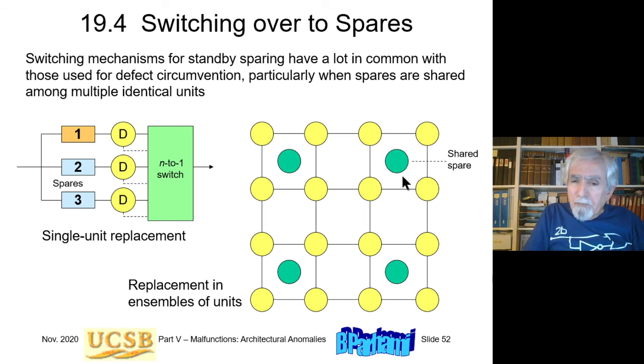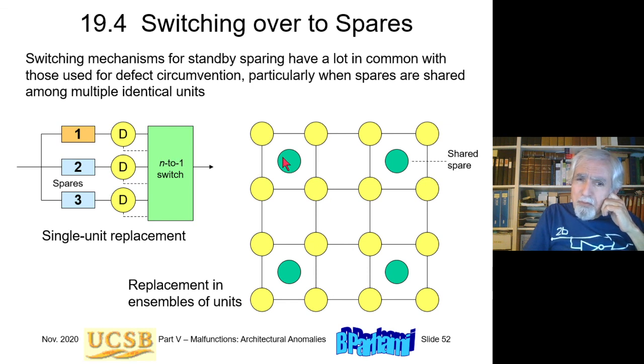However, there's a challenge here. Now, if I have a 4x4 processor array, so that this processor is communicating with these 3 processors, it has 3 neighbors, so to speak, then if this one wants to take over for this one, it better be able to communicate with this, and with this.